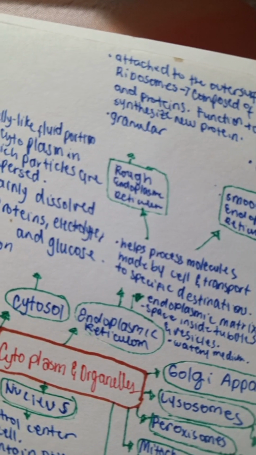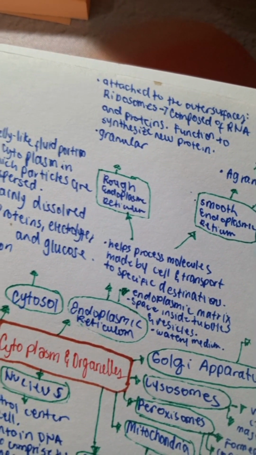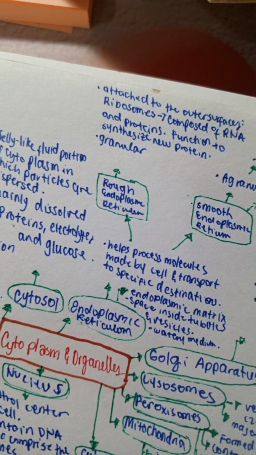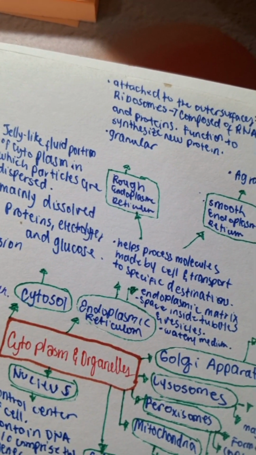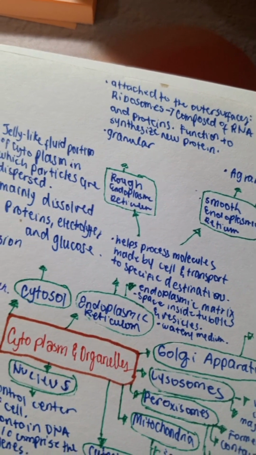We also have the endoplasmic reticulum. This helps to process molecules made by the cell and transports the molecules to specific destinations. There are two types of endoplasmic reticulum, the rough and the smooth.